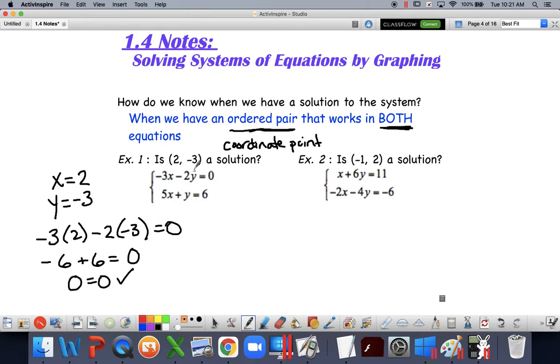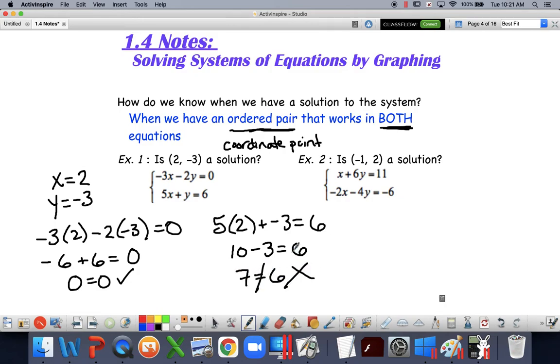That is true. It works in my first equation. Does it work in my second? We have to check both. So I get 5 times 2 plus my -3 equals 6. Does 10 minus 3 equal 6? No, it does not.